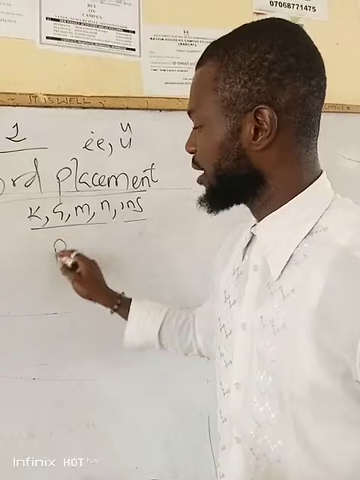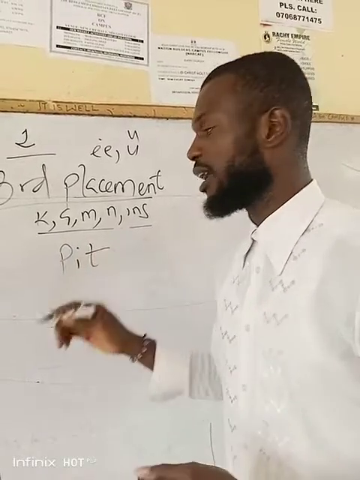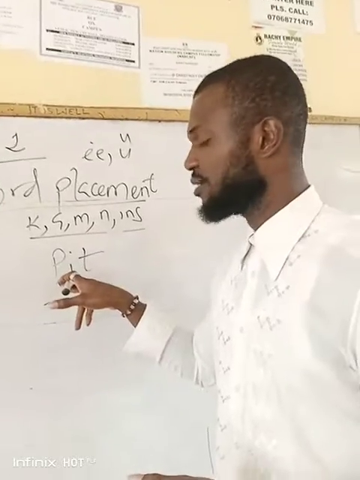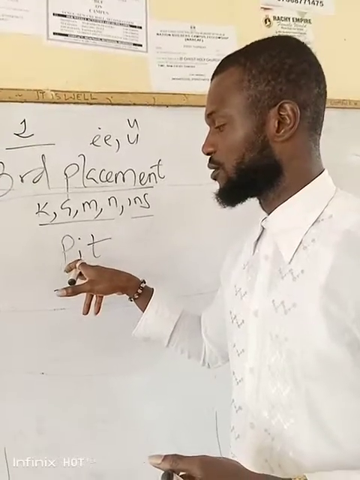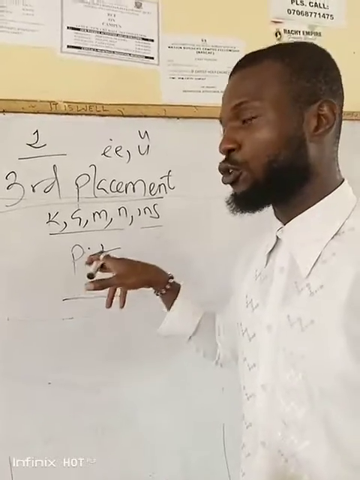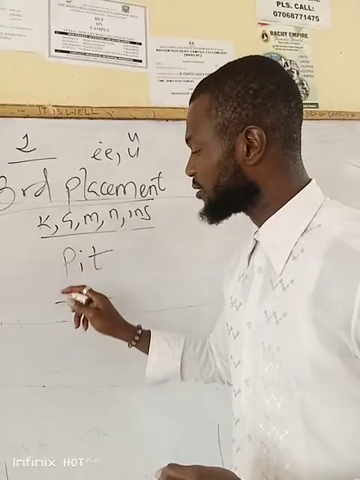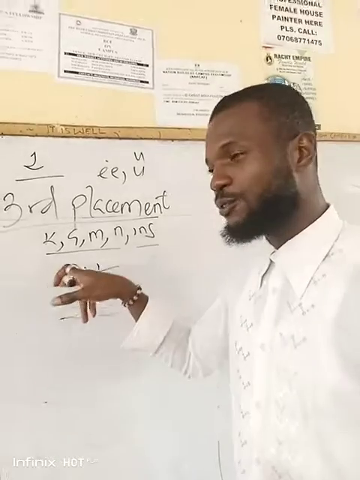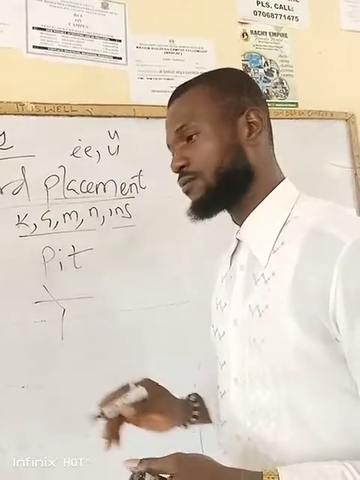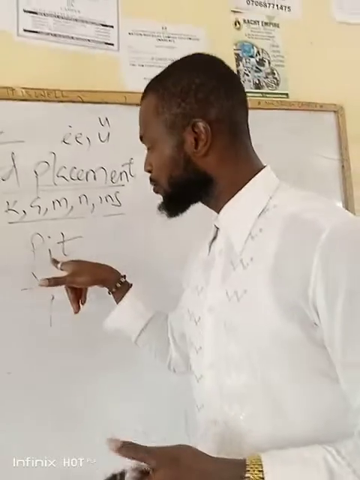For example, you have something like this, P-I-T, which is your pit. Now, pit, you are hearing P and T as your consonant strokes. And E there is your vowel, which is your what? Your third place vowel. And your E is saying to P to stay across the line, P and T. Now, where will you put this E?